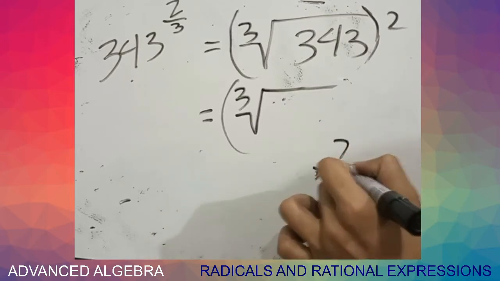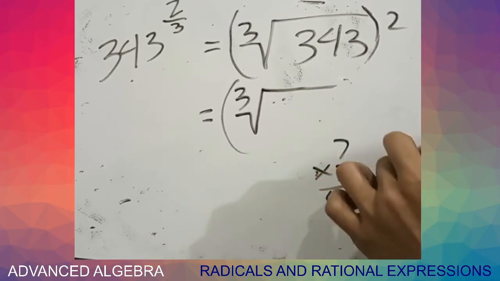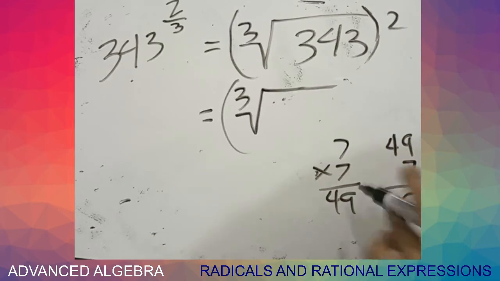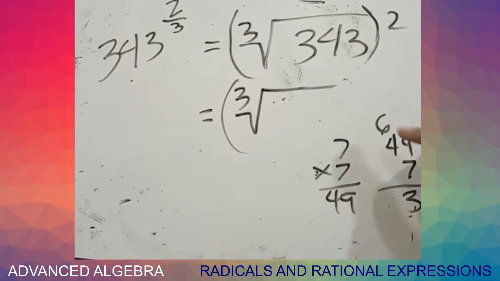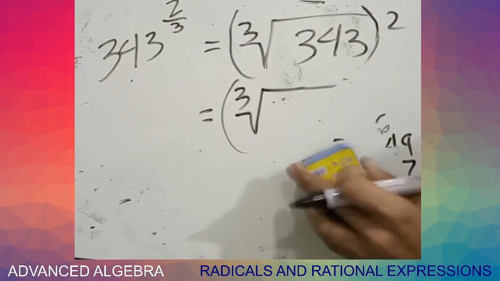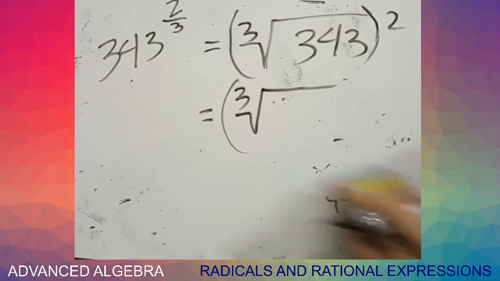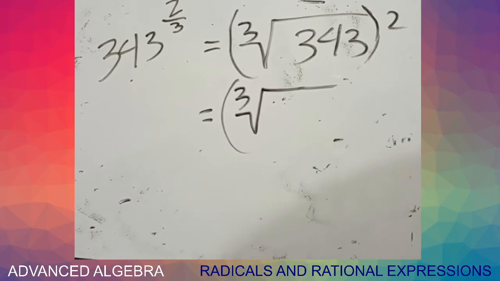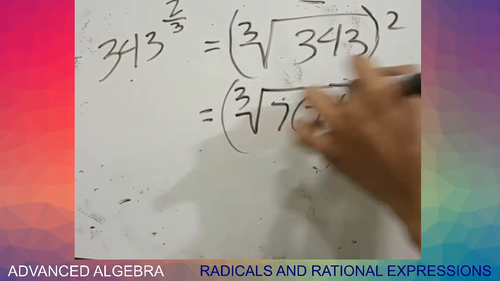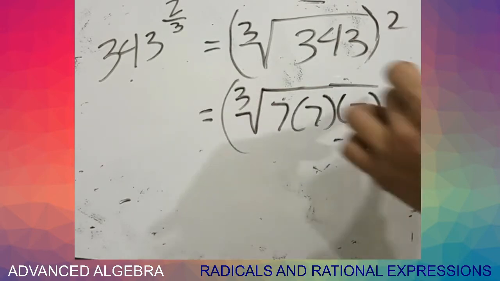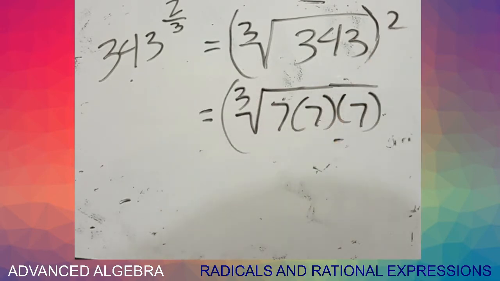So, 7 times 7, 49. 49 times 7, 343. Ibig sabihin, ang factor ng ating 343 ay 7 times 7 times 7. So, perfect cube siya. Tapos, squared.